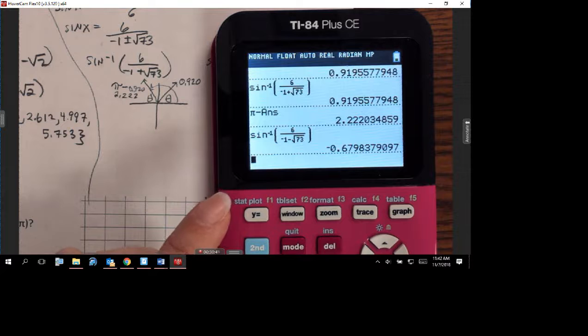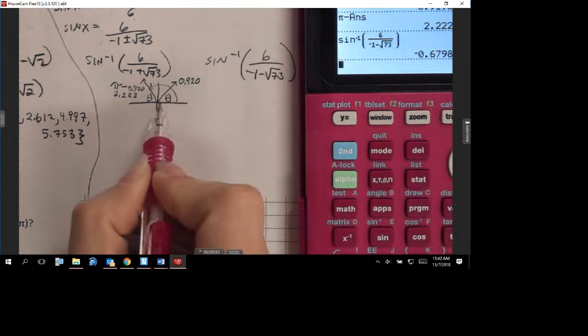And now I get a negative number. I get negative 0.680. So that's going to be in the 4th quadrant.